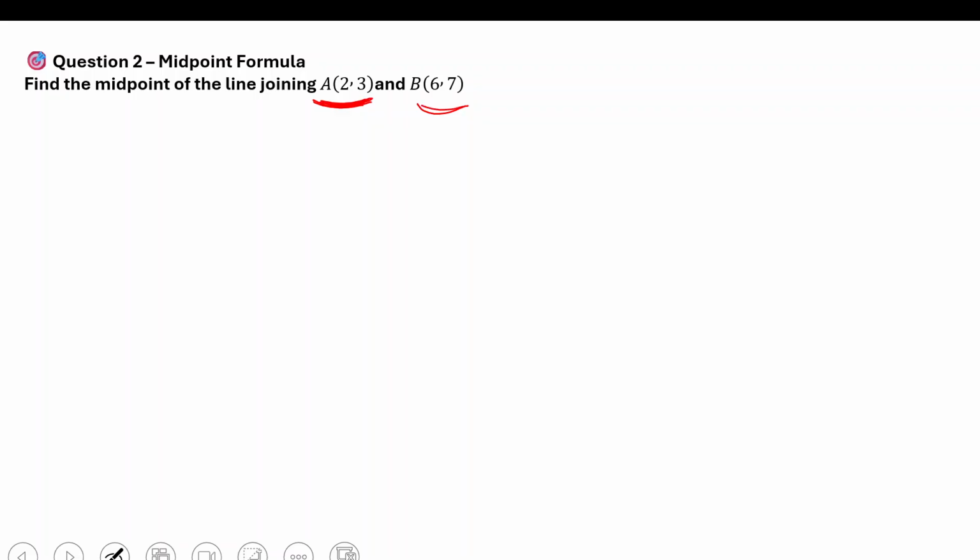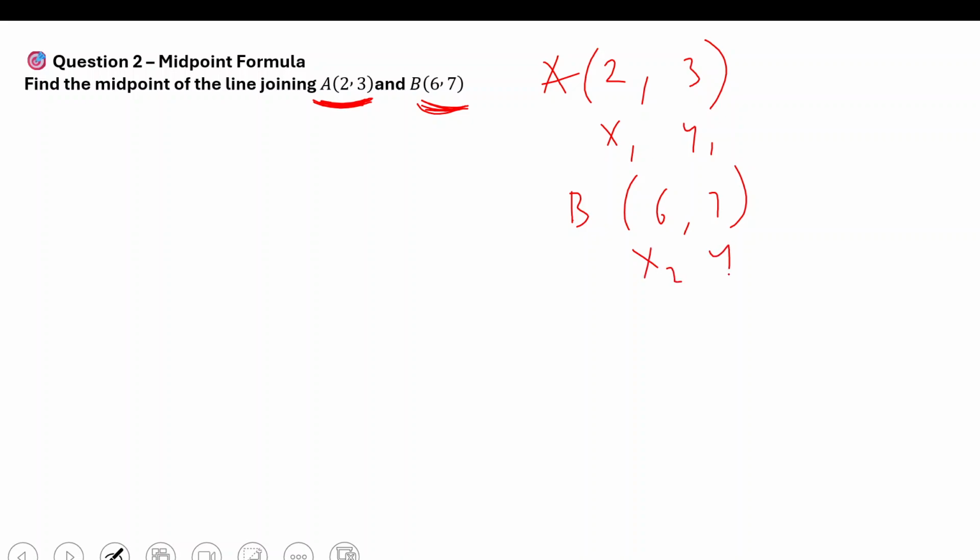The second set is x2, y2. So from here, A is 2, 3, x1, y1, then B is 6, 7, x2, y2.